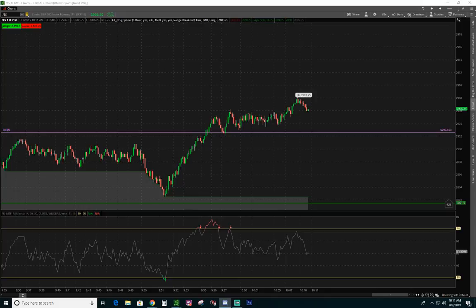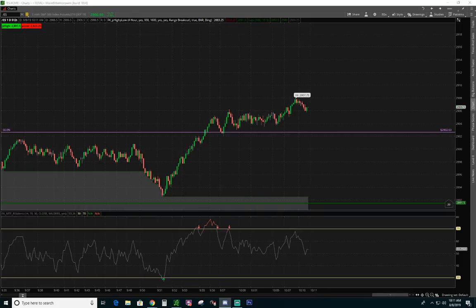So yeah, I took three there off of 2904. I took two profit.